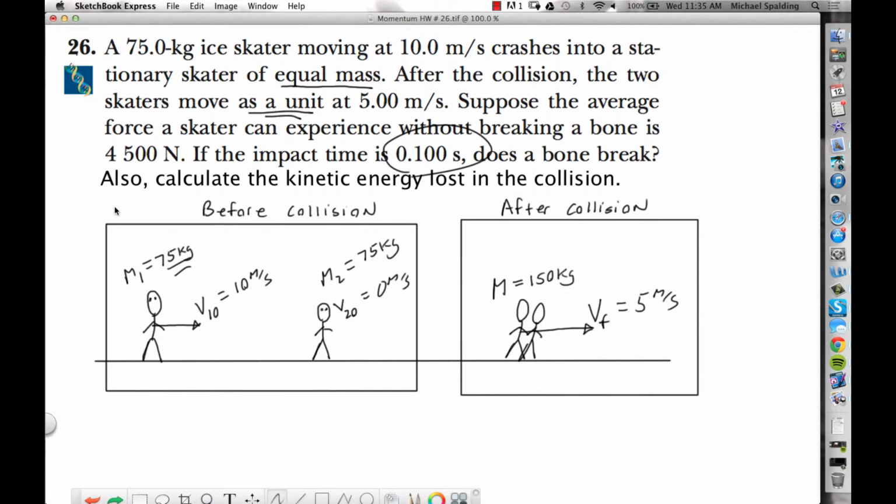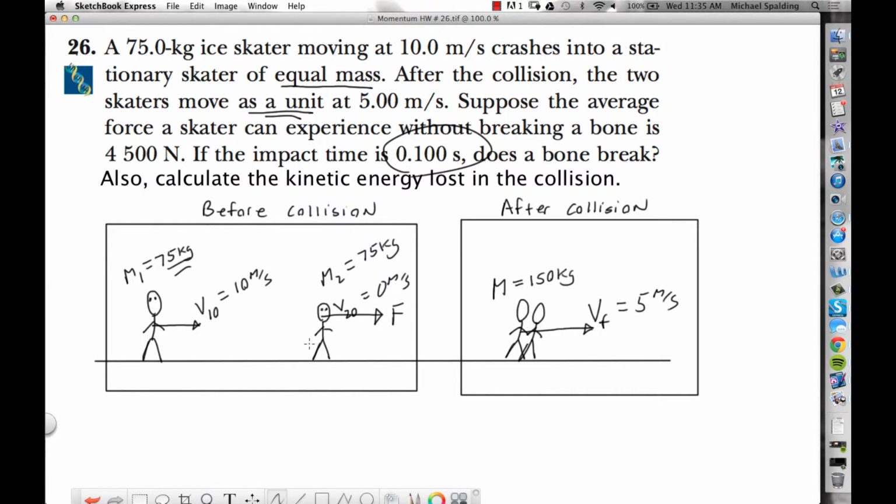Okay? So how do we find the force? Well, we're either going to focus on this guy or that guy. It doesn't matter. You'll get the same answer no matter which guy you focus on. Because what does Newton's third law tell us? Every force has an equal and opposite force. So when guy number one hits guy number two, there's going to be a force that way on guy number two.